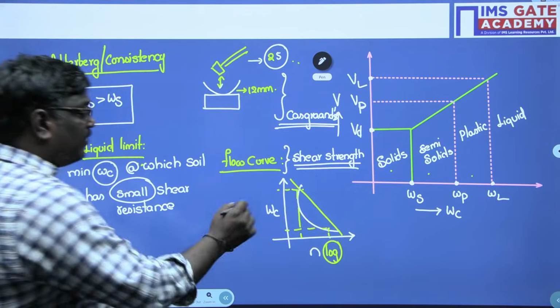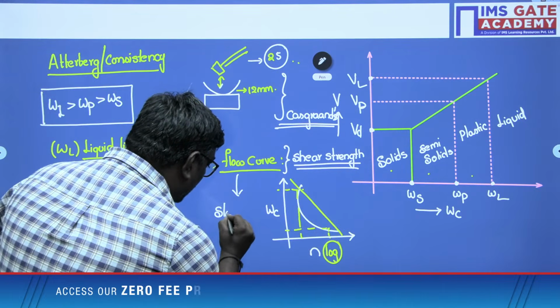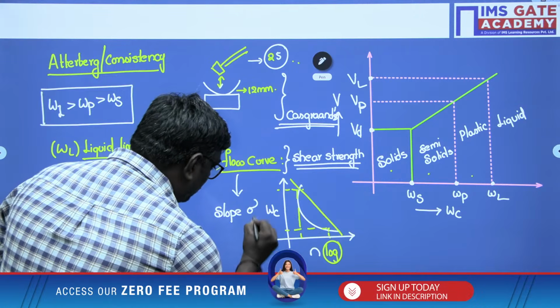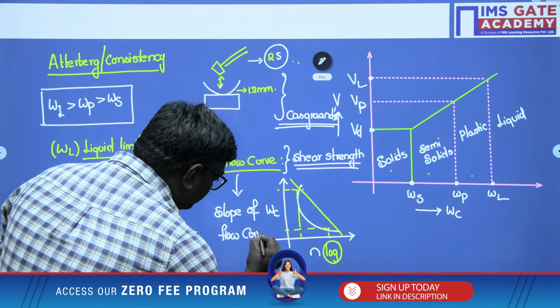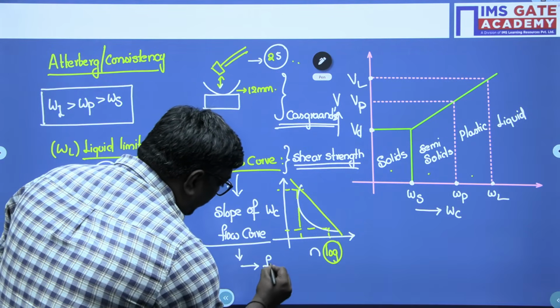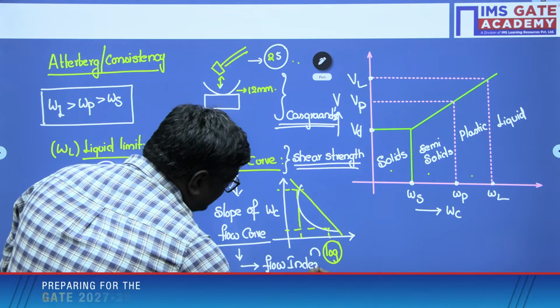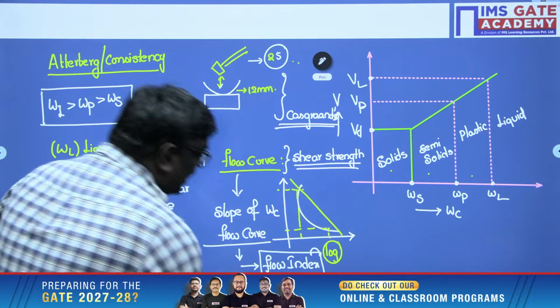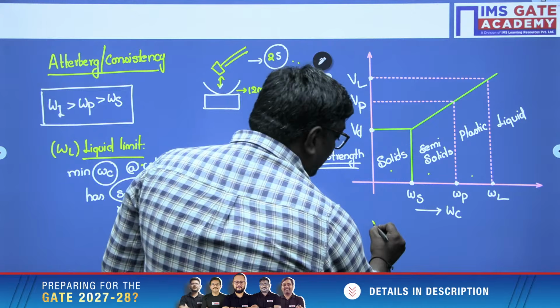Now the slope of the flow curve. Here, my dear students, you should understand. The slope of flow curve gives you what, sir? The slope of flow curve is nothing but the flow index, which is very important. In a straight line equation, y is equal to mx plus c, what is m?